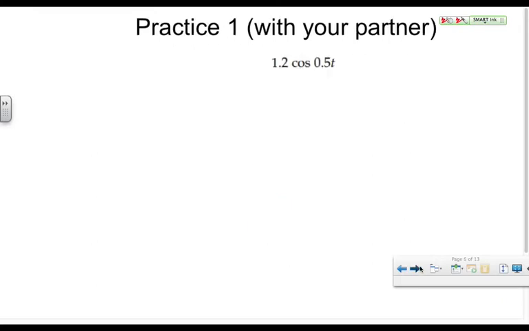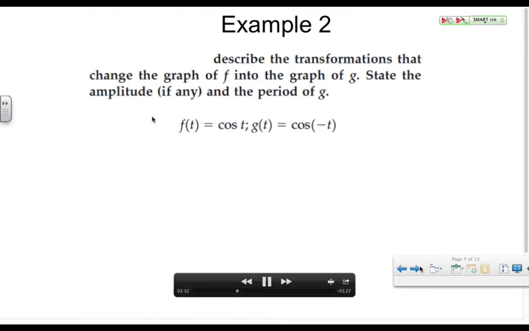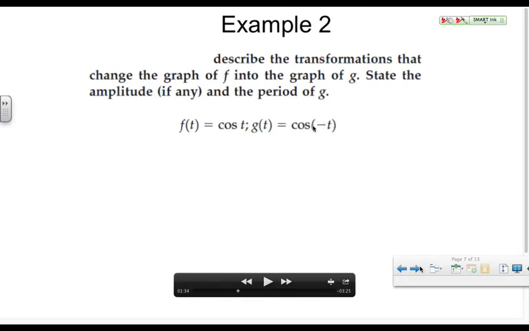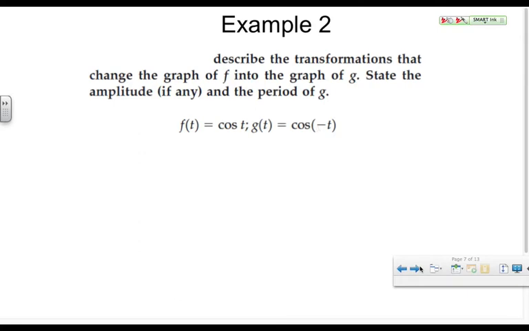Skipping this, example 2. Example 2 asked us to describe the transformations on the graph, and we need to state the amplitude and the period. If we have a negative inside the function, we're going to flip it across the y-axis.